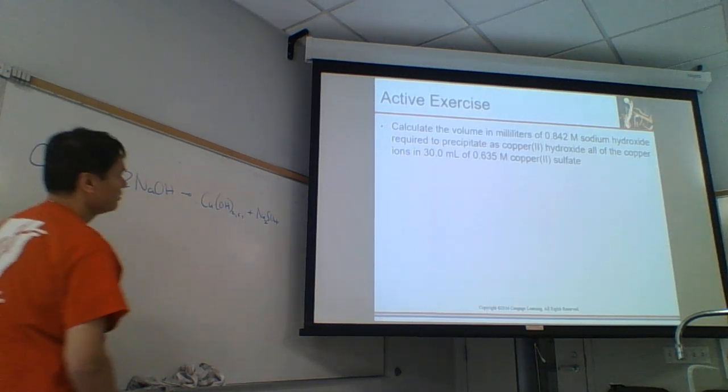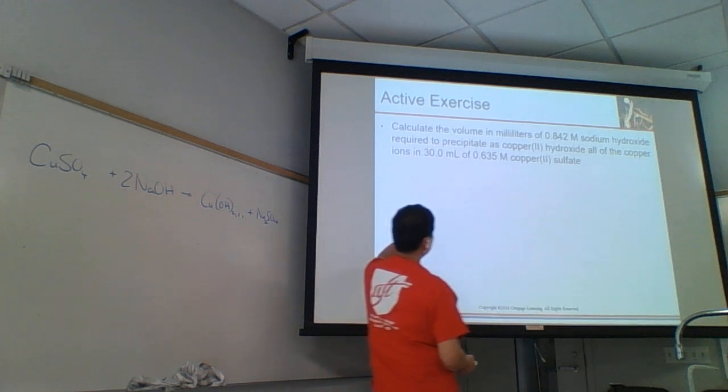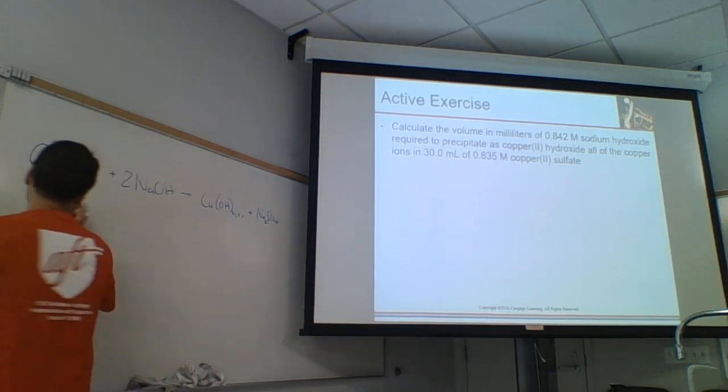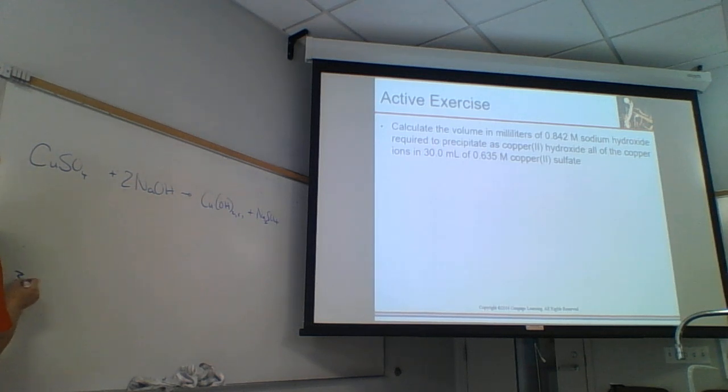Good. Okay, so what we were given is 30 milliliters of copper 2 sulfate solution. So over here, we'll just start off with 30.0 milliliters of CuSO4 solution. We also know the molarity of the copper 2 sulfate solution.